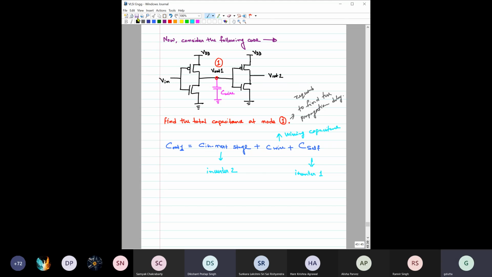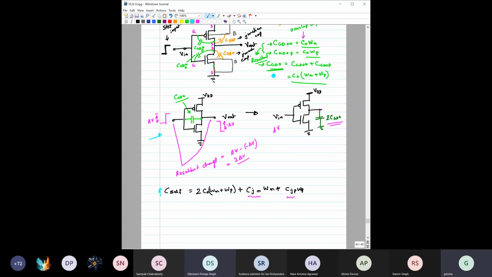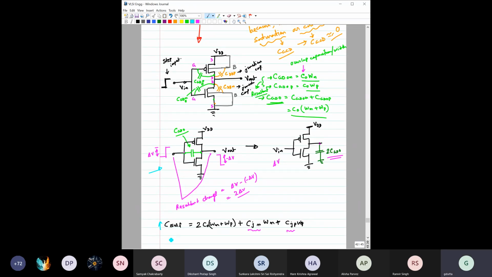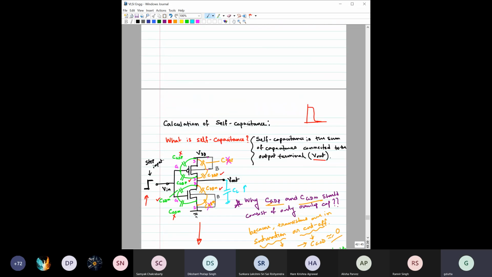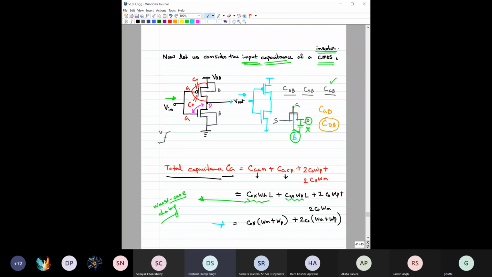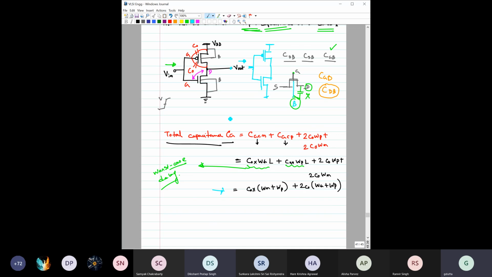And we have explicitly discussed what would be the value of C self for an inverter, and what would be the input capacitance of a CMOS inverter. So then what would be the total capacitance? The total capacitance would be equal to this.